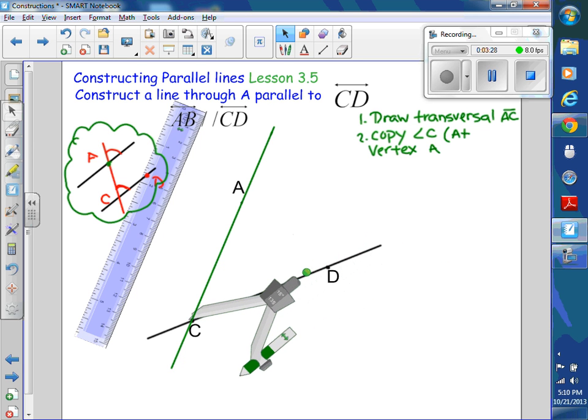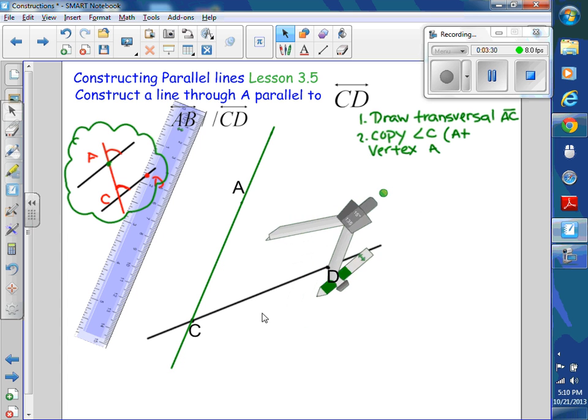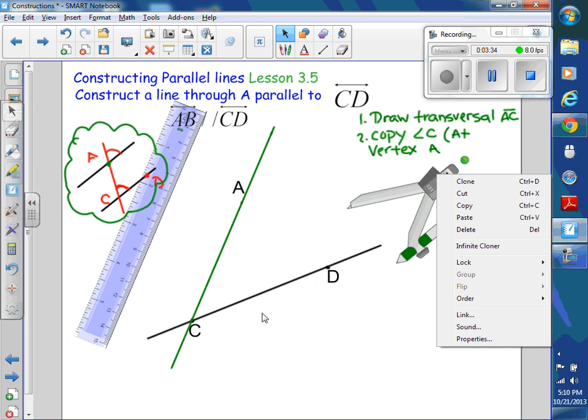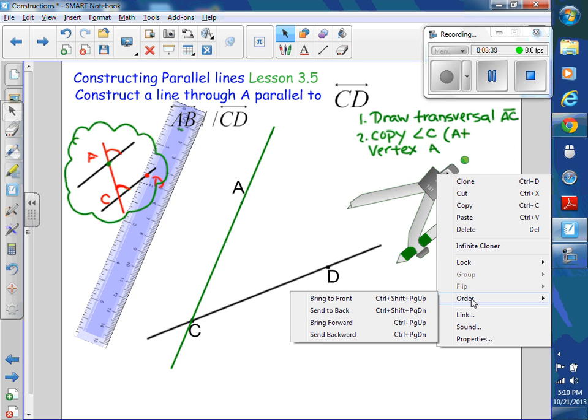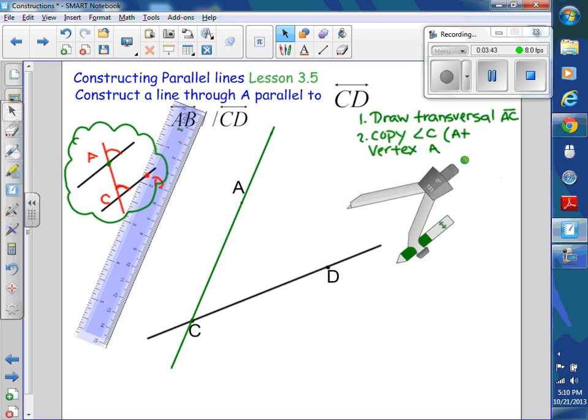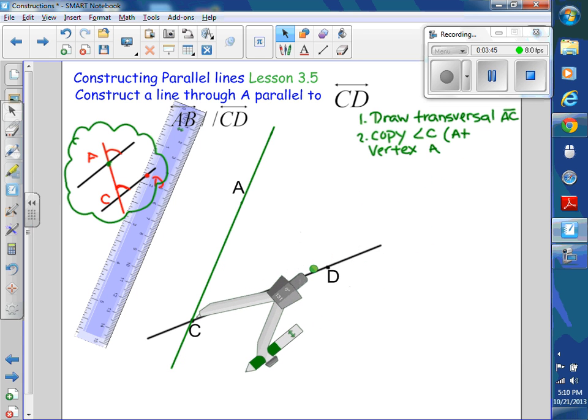So one thing about this compass, it's a little fussy sometimes. I need to make sure it's on top of everything. So to copy an angle, I'm going to put my compass here and swing an arc.